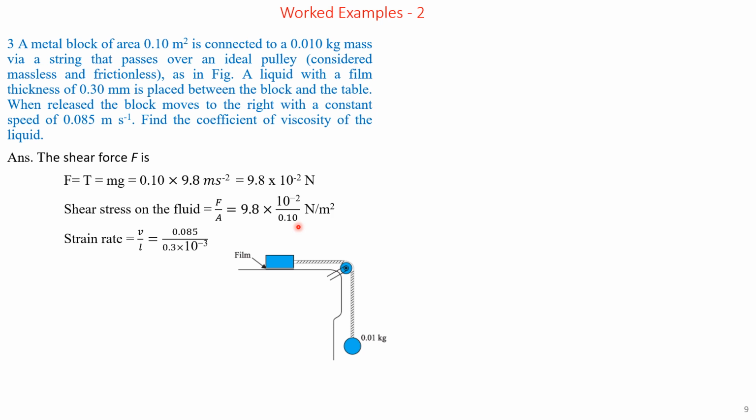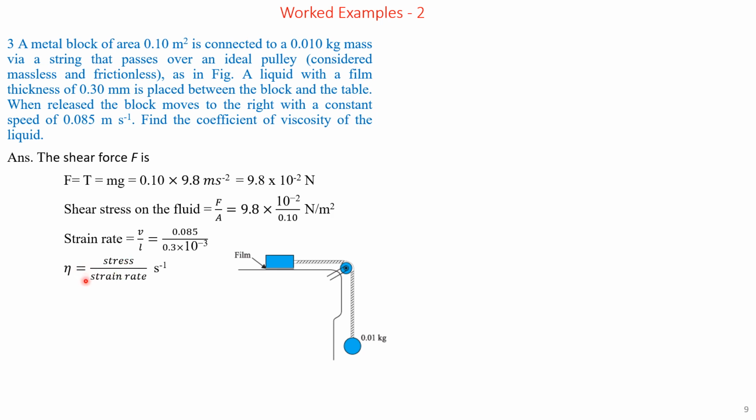Therefore, strain rate is given by V by L, that is 0.085, V being the constant velocity, divided by 0.3 into 10 to the power of minus 3. Eta is stress by strain rate.